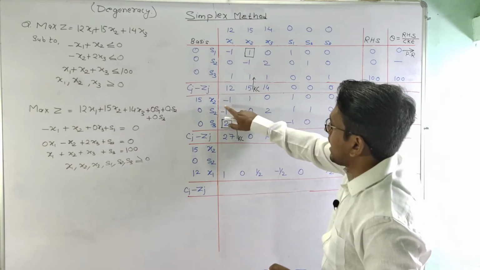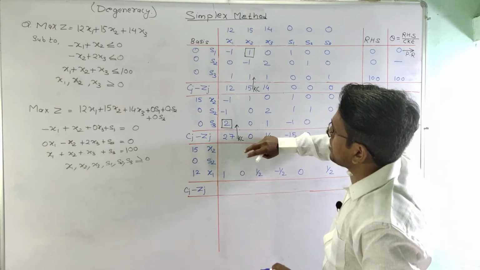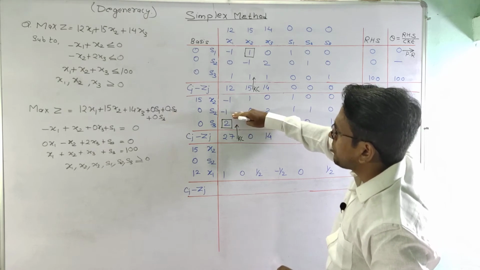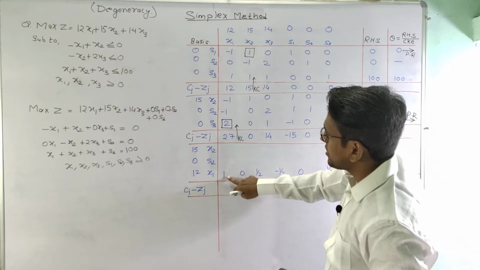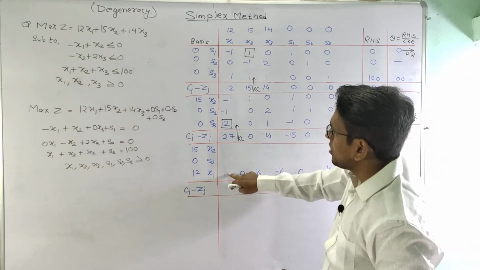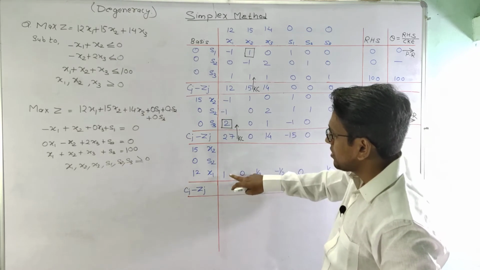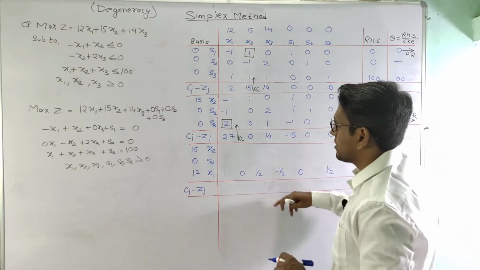Now to make this as 0, what I'll do is I'll take row 2 plus new row 3, that means 1 minus 1 will be 0. So row 2 plus new row 3.